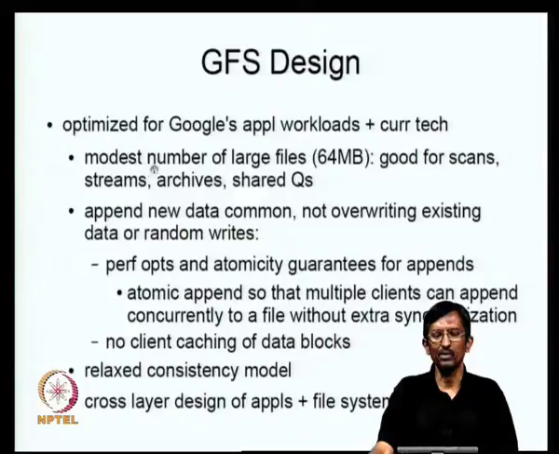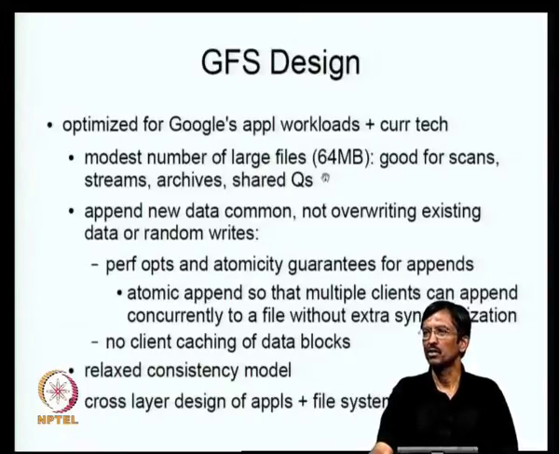You can see that this is quite different from a regular POSIX kind of file system that we use normally. The file sizes there are not 64 megabytes. Typically, we assume that it is closer to multiples of 4 kilobytes or 8 kilobytes.